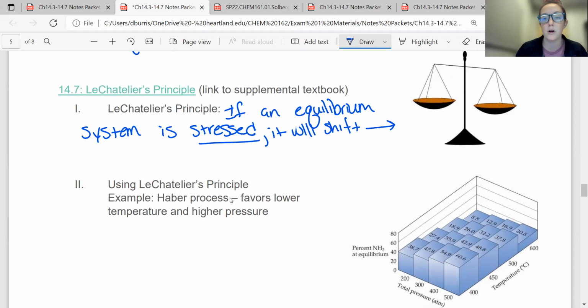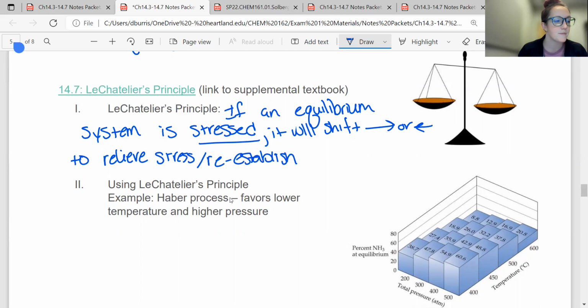It'll either go forward or backward, reaction-wise. It'll shift that way to essentially relieve the stress, or get back to equilibrium. Okay, so re-establish equilibrium.